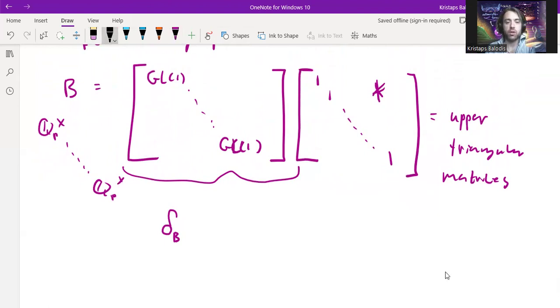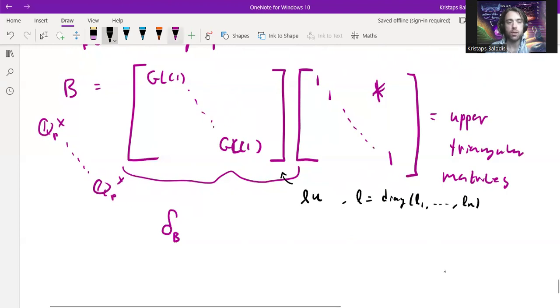So if I have something of the form, let's call it l for the thing that's over here, and u, this l is just going to be diagonally l_1 down to l_n.